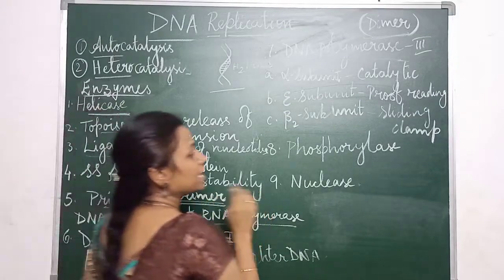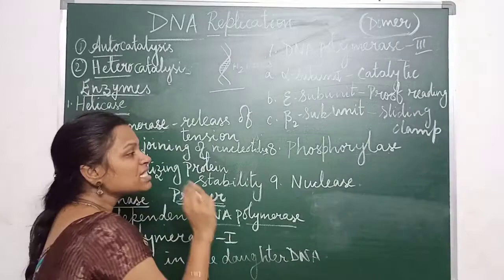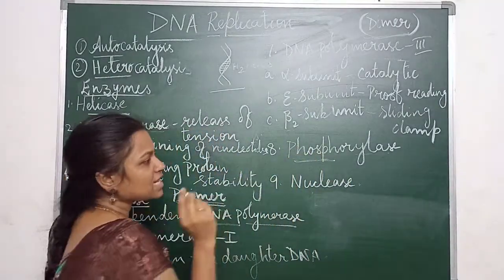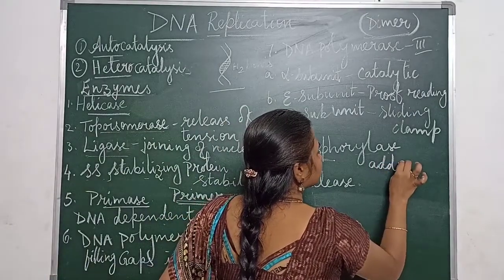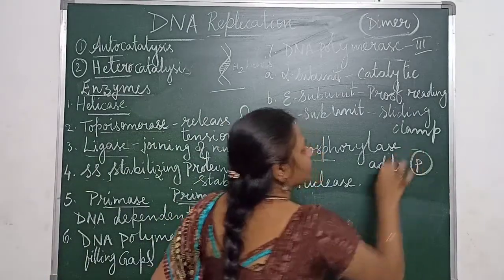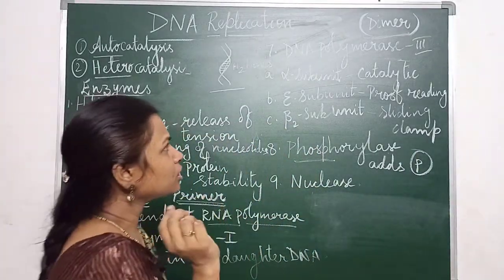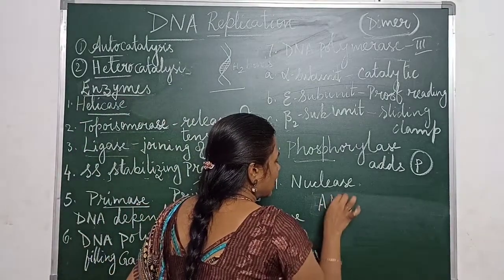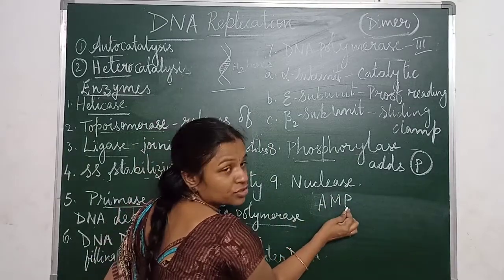Now coming to the next enzyme, that is phosphorylase. By the word itself you can understand, phosphorylase is the one which adds phosphate groups. Basically the nucleotides are available as AMP, adenosine monophosphate.